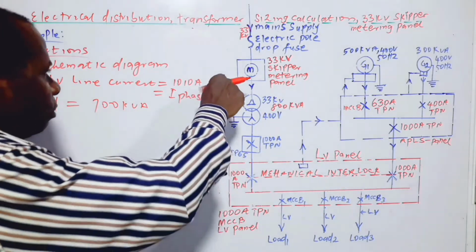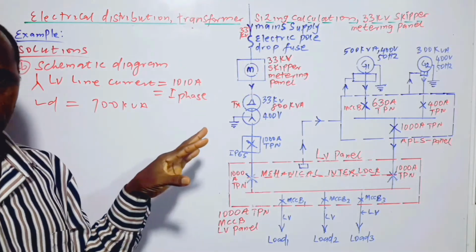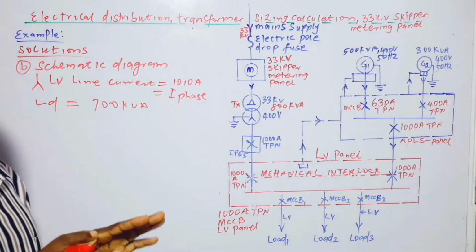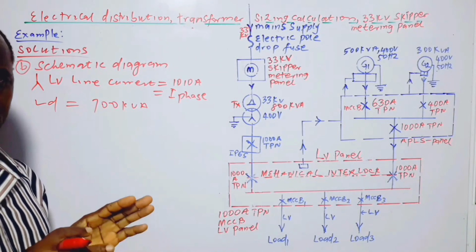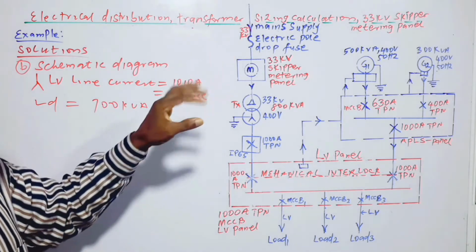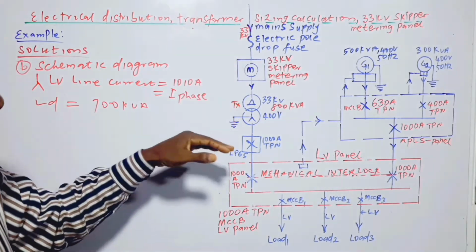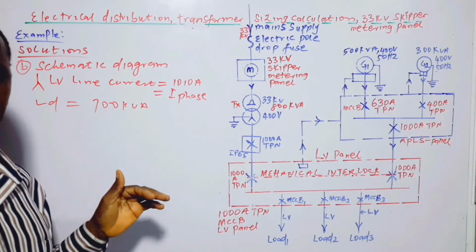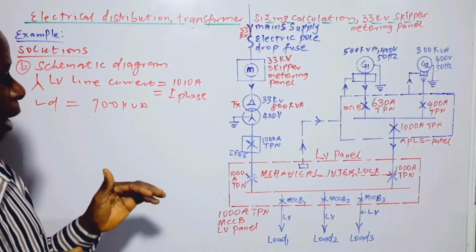This is the metering panel that can be used for measuring the kilowatt hour, that is the energy meter. It can be used for metering without necessarily making use of the conventional HT or medium voltage panel.